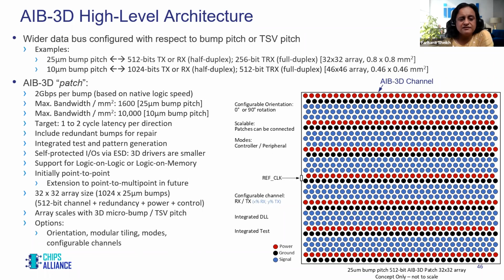We want to target 1 to 2 cycles of latency per direction, and of course include redundant bumps for repair. We would also integrate test and pattern generation because typically you don't have access to dies that are sandwiched in between dies, and you want to be able to figure out a way to test everything in an easy way.